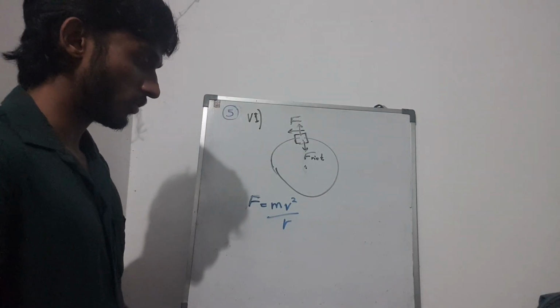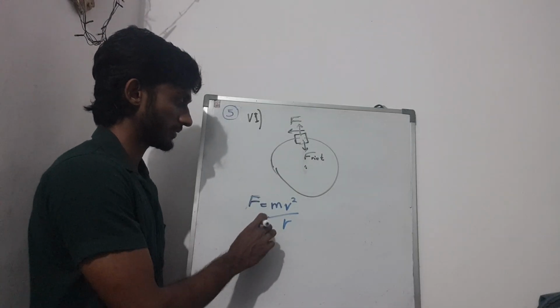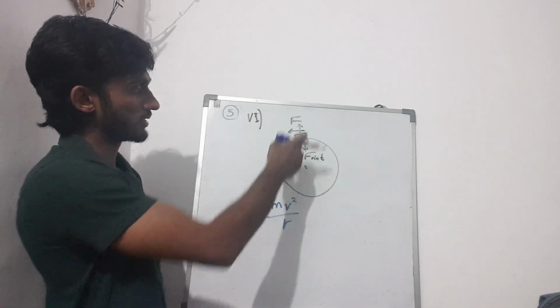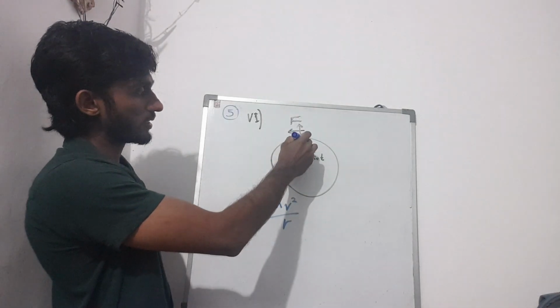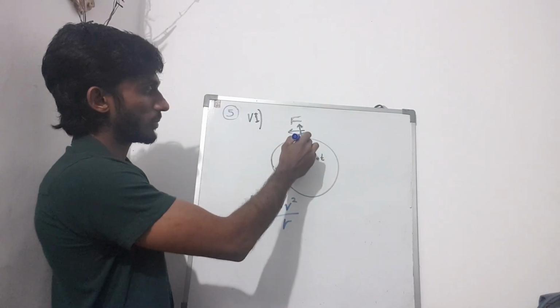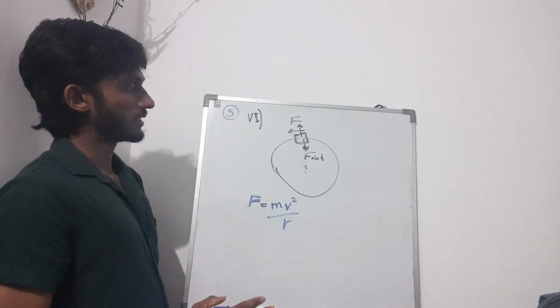That is the centripetal force equation. F means the friction force. The centripetal force is the friction force applied by the tires in this question.